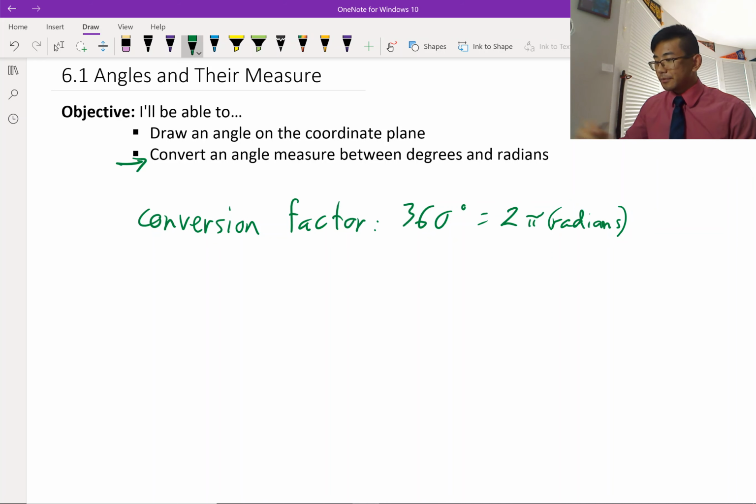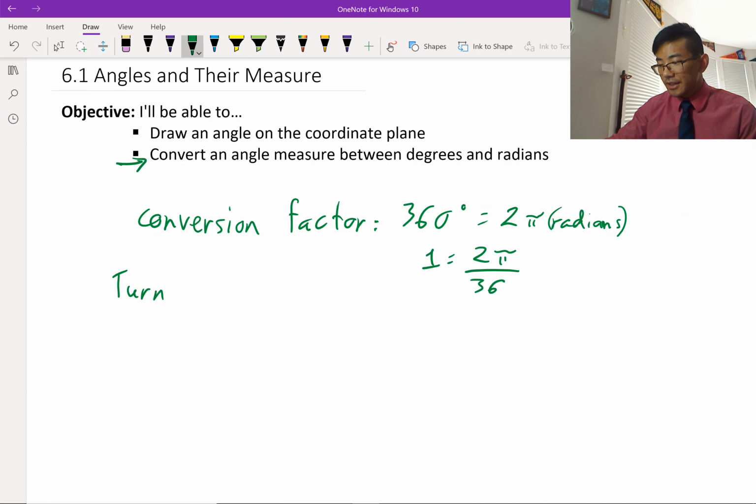Okay, so what this means then is that when you're converting units, it's okay to multiply by this, meaning that 2 pi divided by 360 is equal to 1. And that's why it's okay to switch between units.